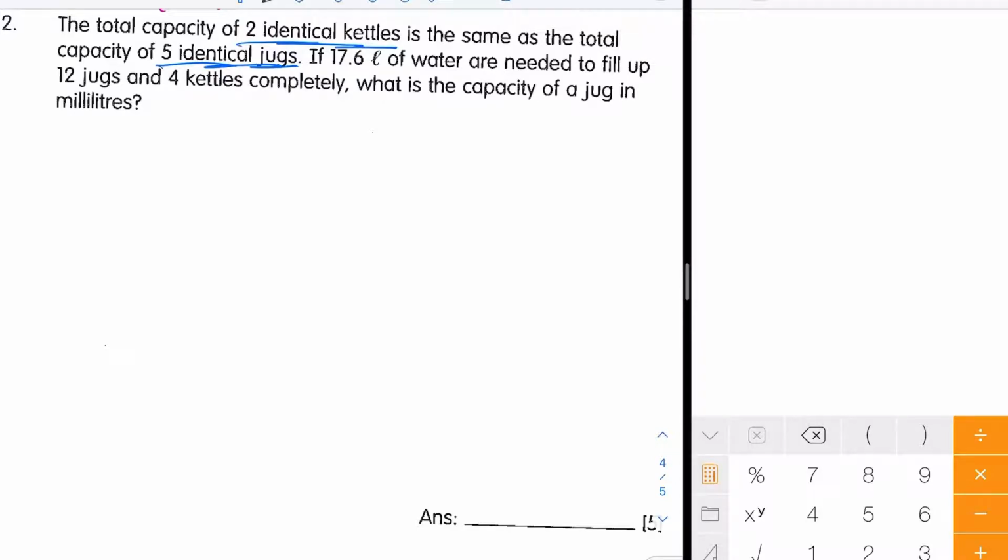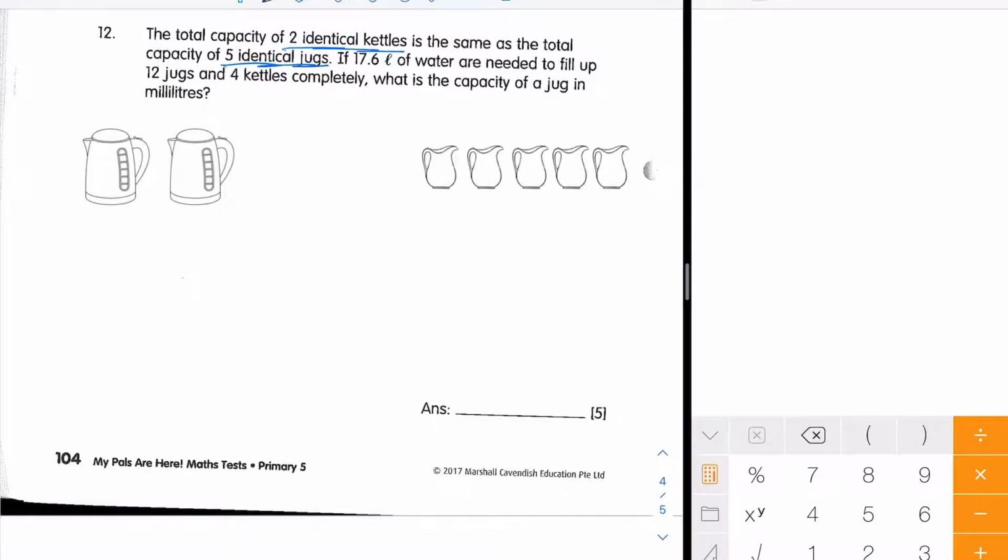What's the capacity of a jug in milliliters? Okay, so I've added some images here. You can see that 2 kettles has the same volume as 5 jugs, all right? And now we are going to show 12 jugs and 4 kettles.